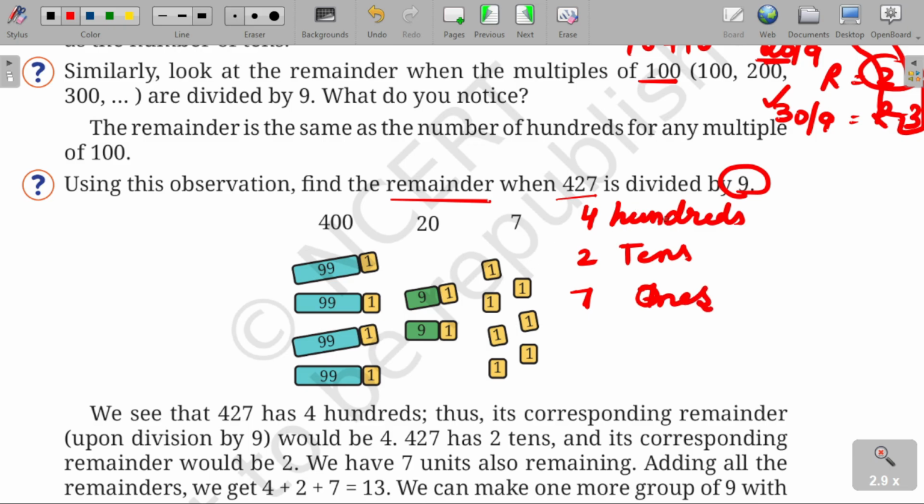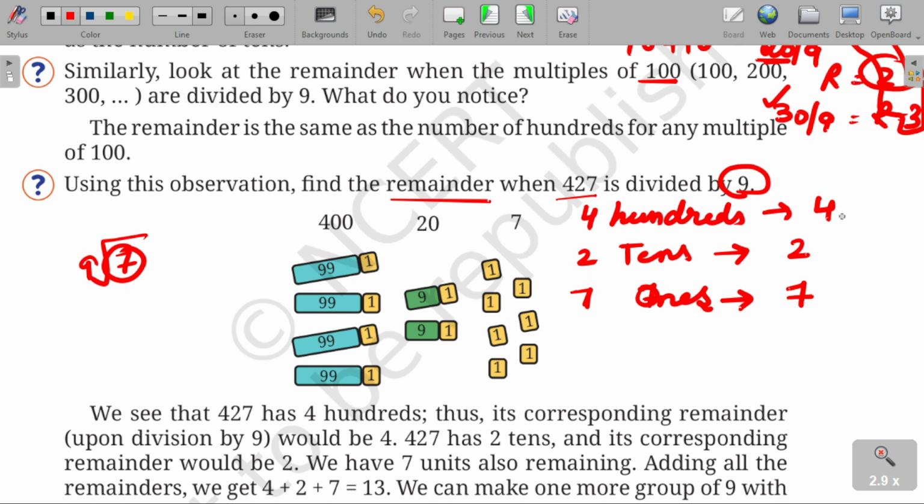If you have 400, the remainder will be 4. If you have two tens, the corresponding remainder will be 2. If you have 7, then 7 itself will be the remainder, because if we divide 7 by 9, the 7 itself will be the remainder, right?